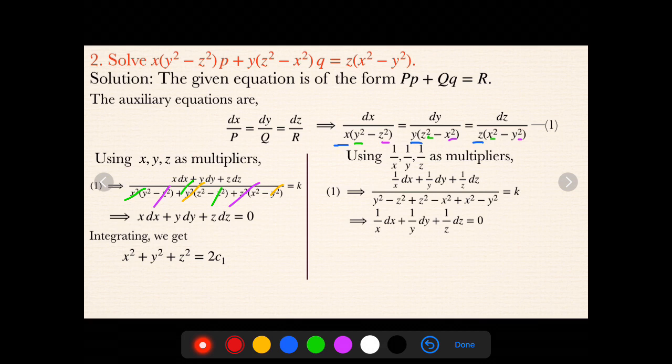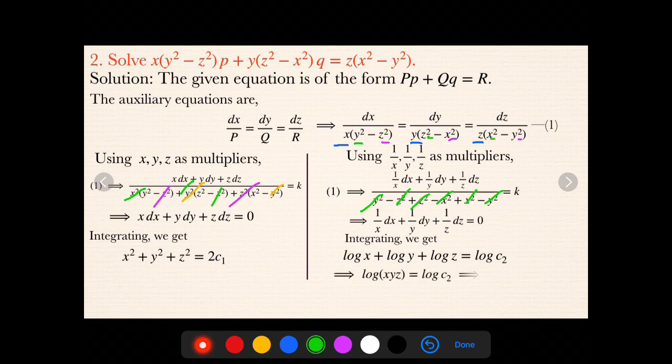Clearly here y square cancels, z square cancels, x square cancels. So we will get 1 by x dx plus 1 by y dy plus 1 by z dz. Integrating, the integral of 1 by x is log x, plus log y plus log z. Log a plus log b plus log c is nothing but log abc, and now log and log cancel, so the final solution is xyz is equal to c2.